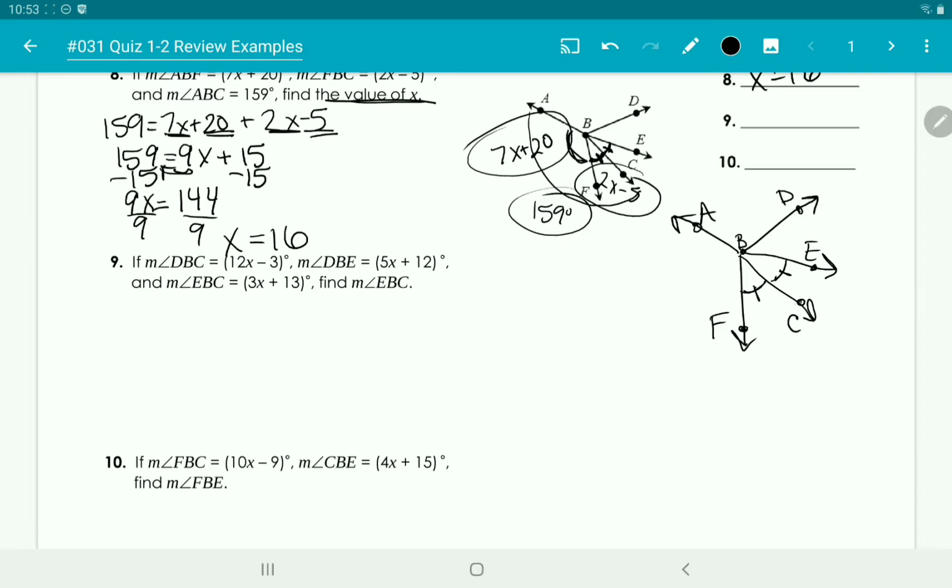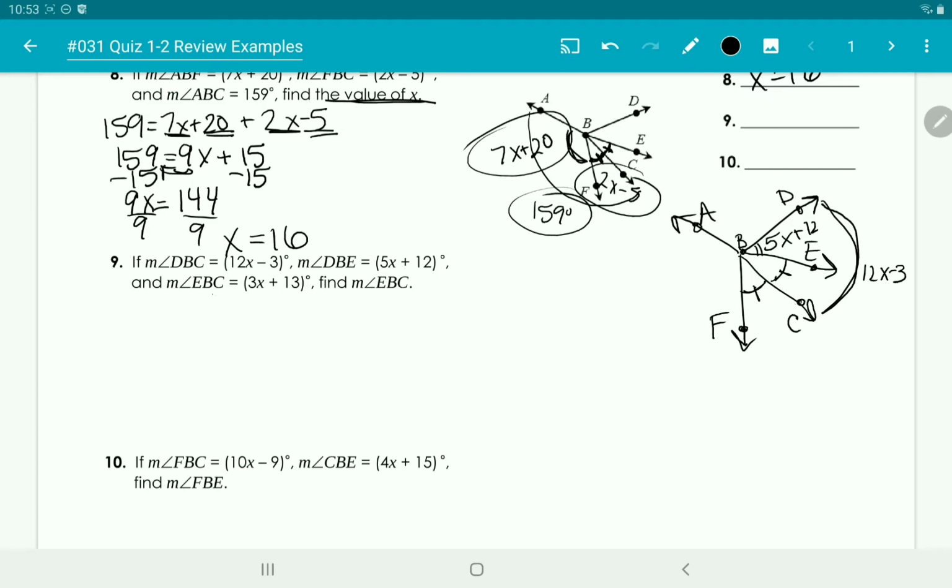We'll use this diagram I've drawn over here. So angle DBC, this entire angle over here, is this 12x minus 3. DBE, this part right here, is going to be 5x plus 12. I'll use two little angle marks to show that.